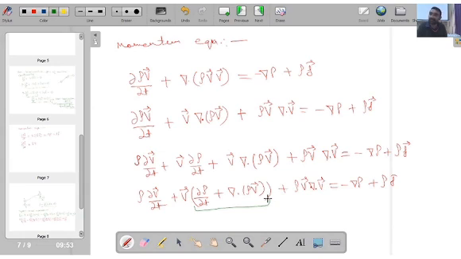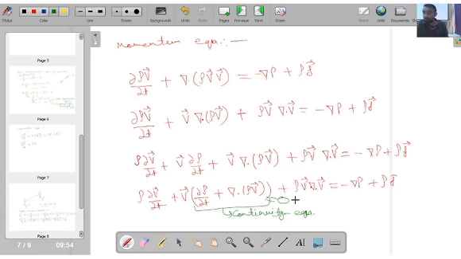Now the term which I have written in the bracket, can you tell me what is this? The term in the bracket is the continuity equation. So this term will be equal to 0.